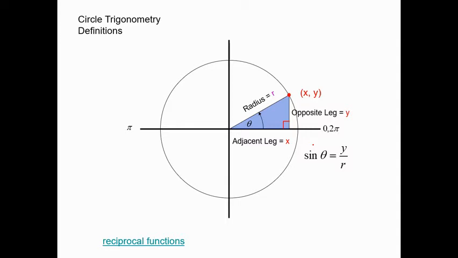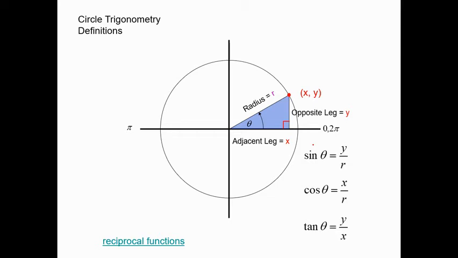So when we look at sine, we can say it's y over r. The hypotenuse is the radius of the circle. The cosine would be x over r. And then the tangent theta would be y over x.